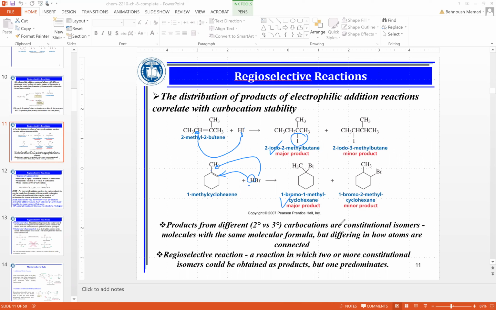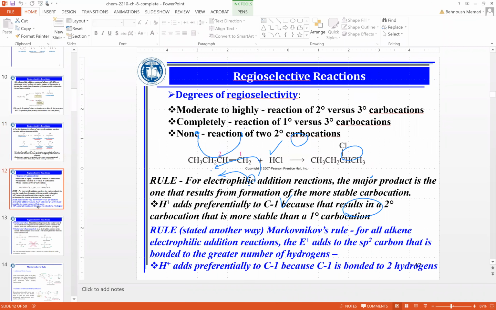So this again is known as the Markovnikov product. The other product is counted as a minor product, because the carbocation that forms is a secondary. We saw in the previous example that if it's a primary carbocation, it doesn't even form. So, any questions about the Markovnikov rule?